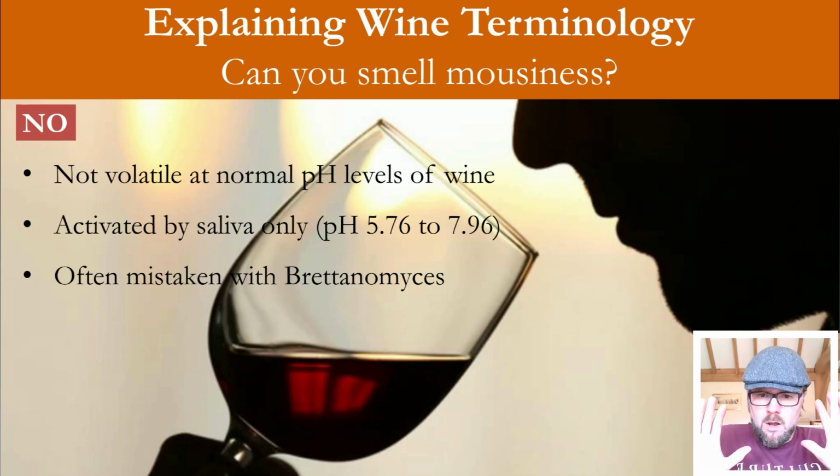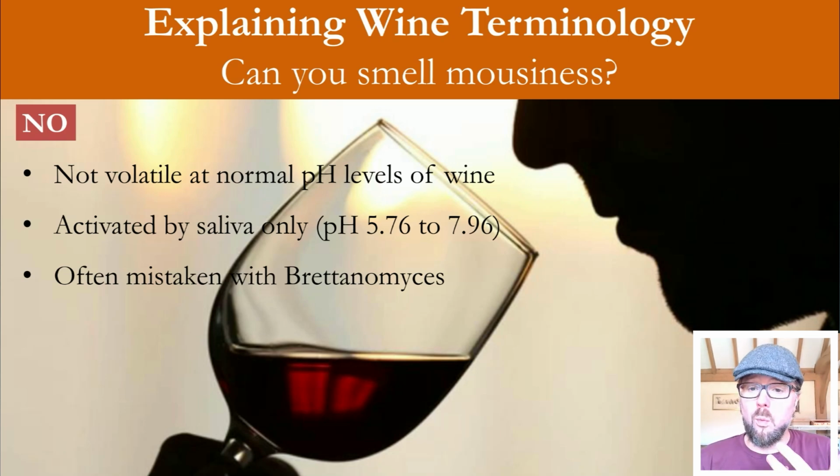This increase of pH that the wine experiences due to your saliva then creates the possible volatility for the wine to give off this mousiness through your retronasal passage. That's the tube that connects the back of your mouth to your nose. We don't taste it immediately, because we need that reaction to happen in your palate and then go through the back of your palate through your retronasal.